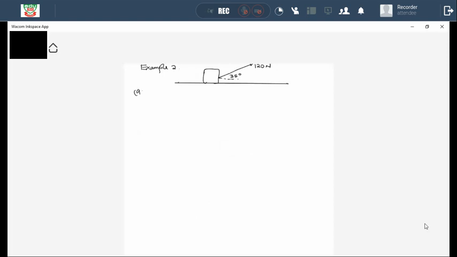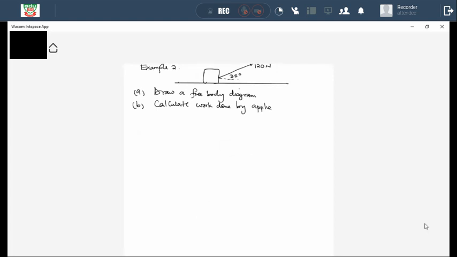So item A says, I'm just going to summarize it, draw a free body diagram. You must know that obviously we must indicate all the forces. That is the principle, unless stated otherwise. Then item B, calculate work done by applied force.